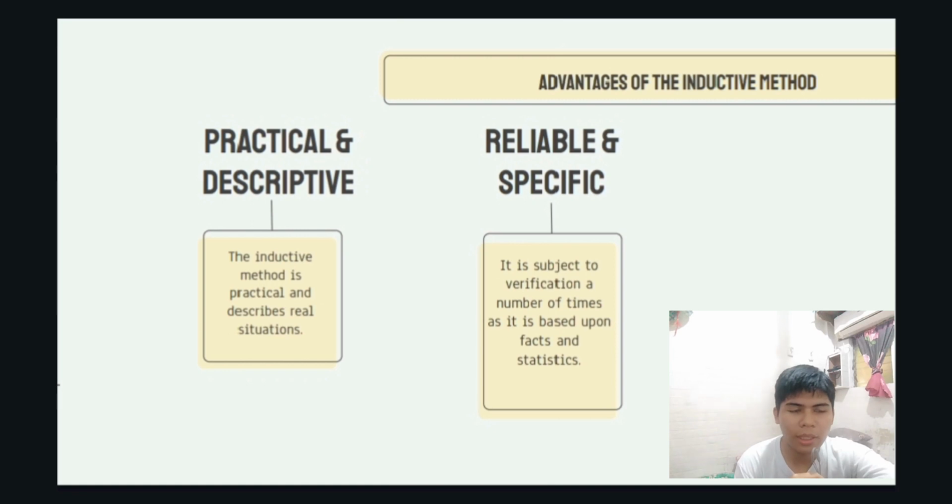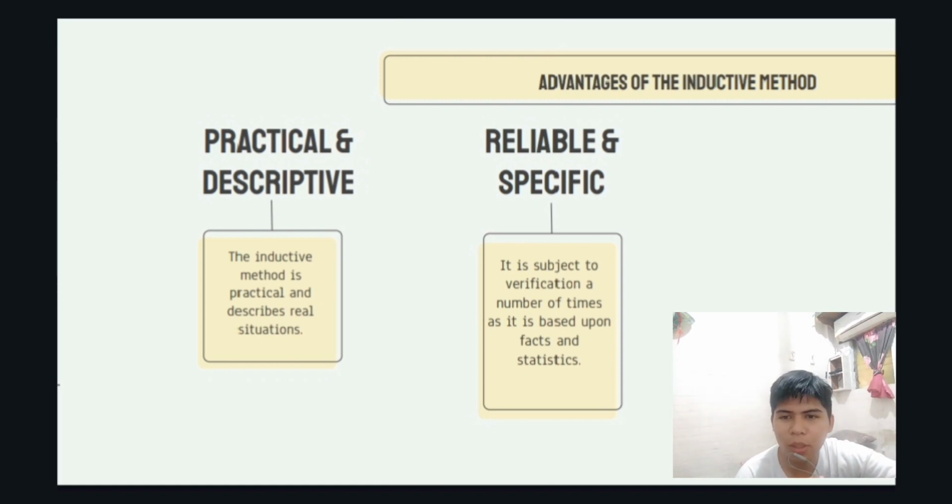For example, you observe that every time you water a plant, it grows and stays healthy. That is where the inductive method comes in, to understand the relationship between watering plants and plant growth. We call it practical and descriptive because it focuses on observing and analyzing real-world data.